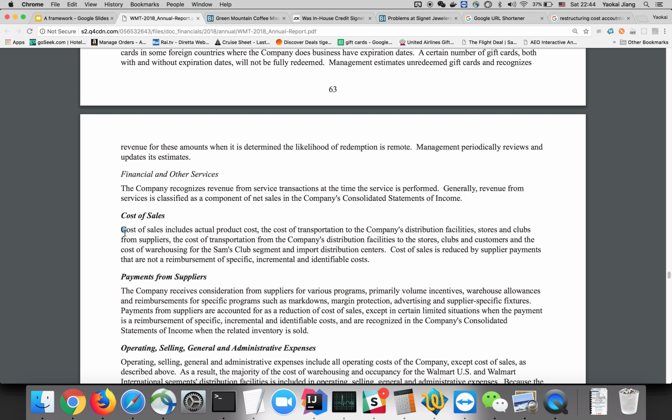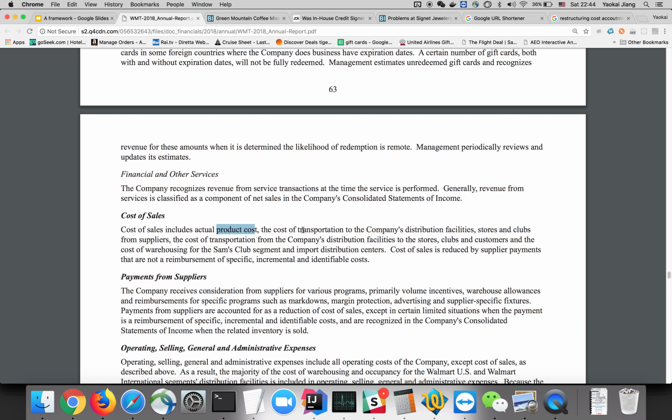I mean, it is arguable. You can also say that my cost of sales only is the product cost, and I insist that my cost of transportation is overhead, but in this case it's very hard to spin that story.